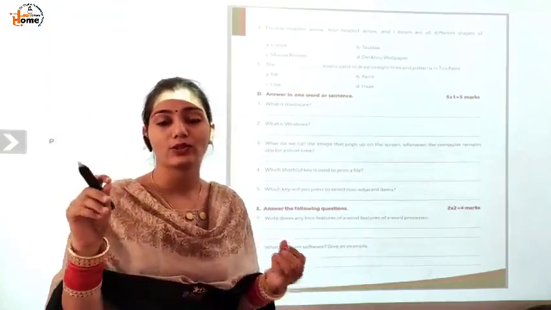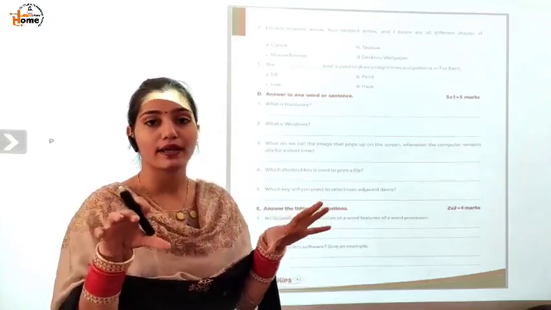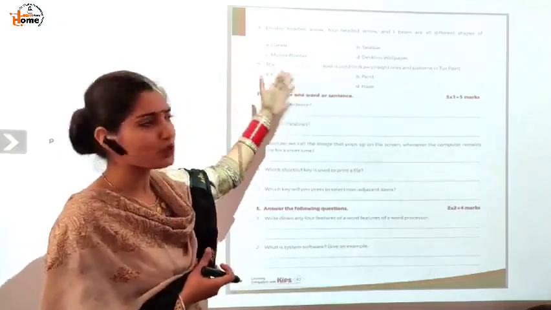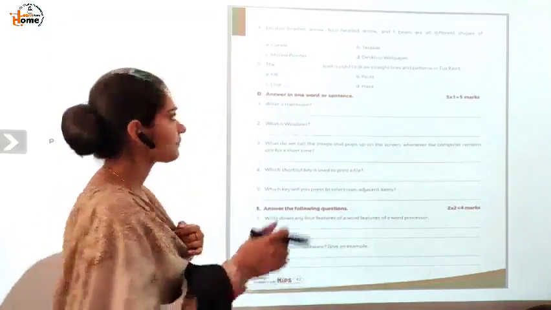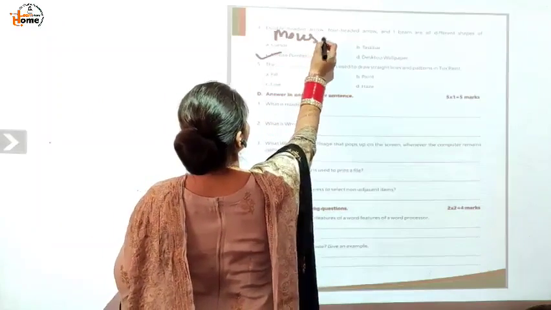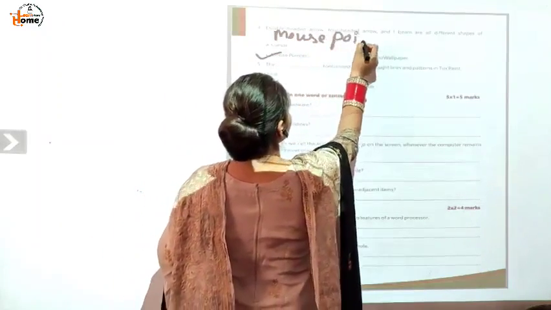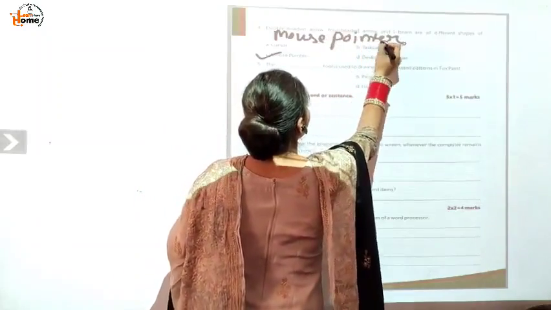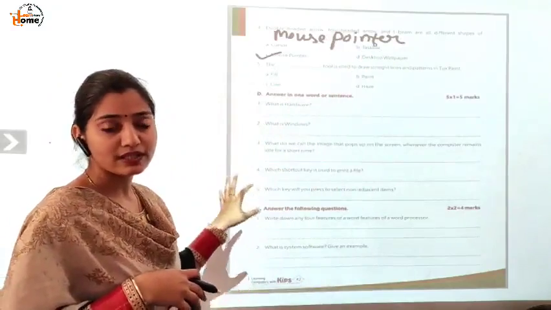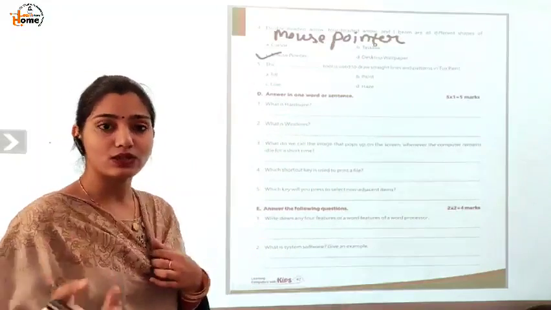The four-headed arrow appears when you have to move or resize something, right? So all these are the different shapes of the mouse pointer. Option number C, mouse pointer. See in your book, the image is not clear now, it's not even readable, you can see it in your book.